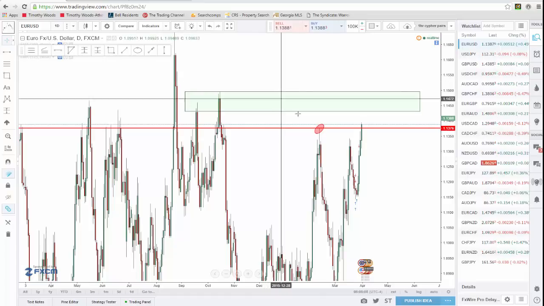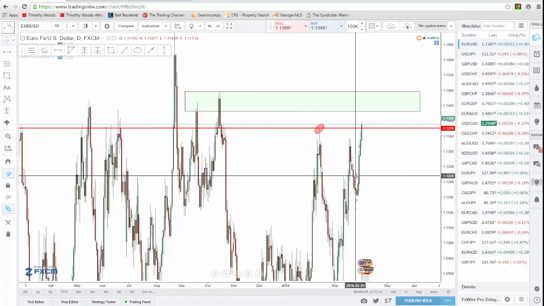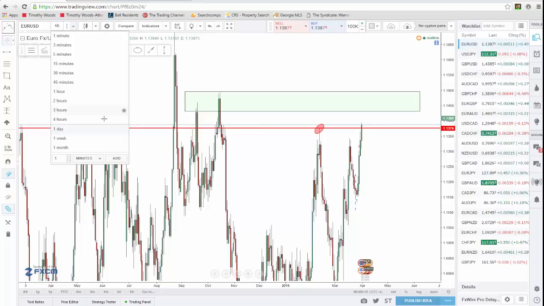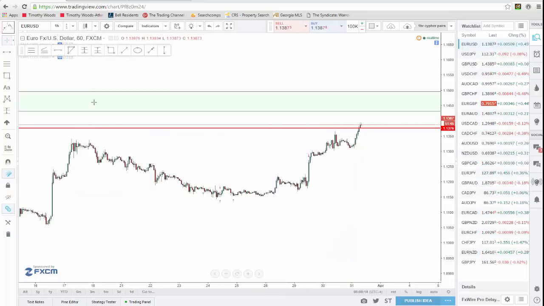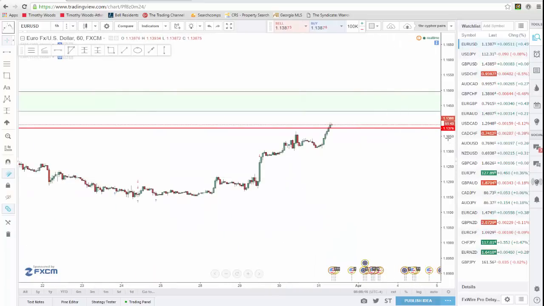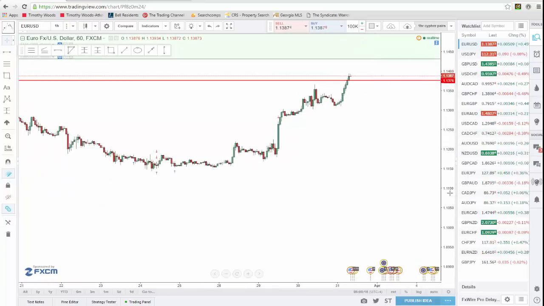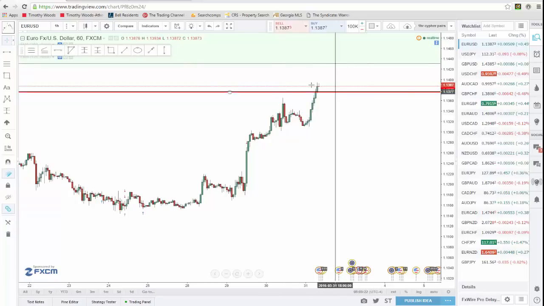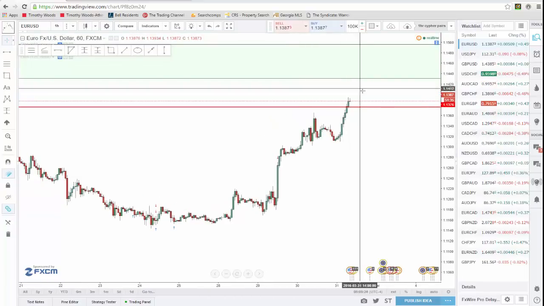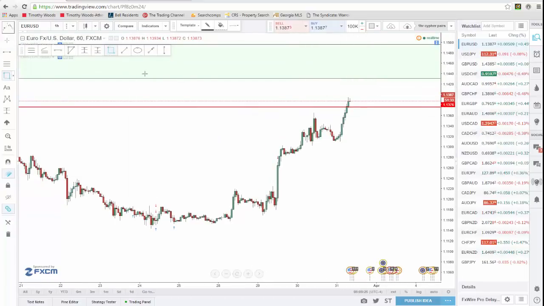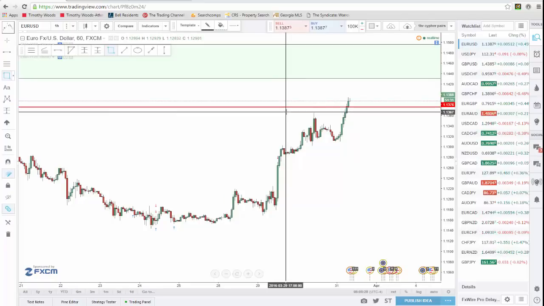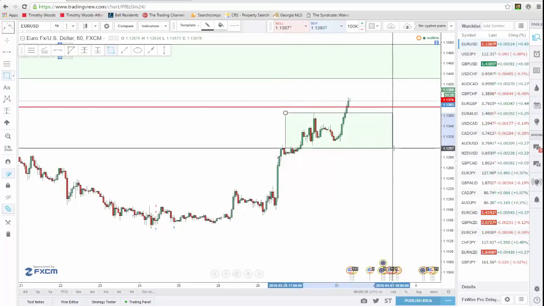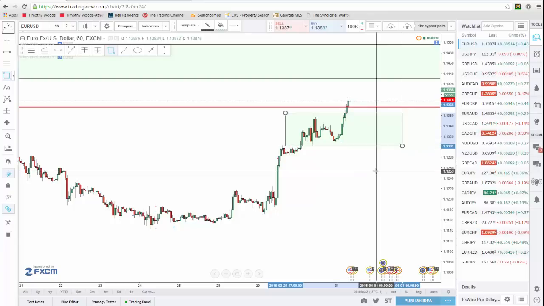This is just where I think the market has a possibility to reverse. So we'll head back down to the hourly chart, and what we're going to do is wait for the close of that 4-hour candle in the next 52 minutes and then check back in the market, see if it closed above. If it did, we'll start looking for trading opportunities if the market pulls back into this little zone.